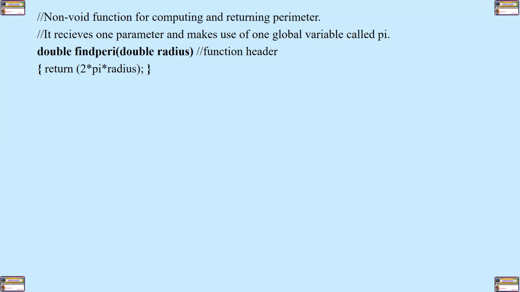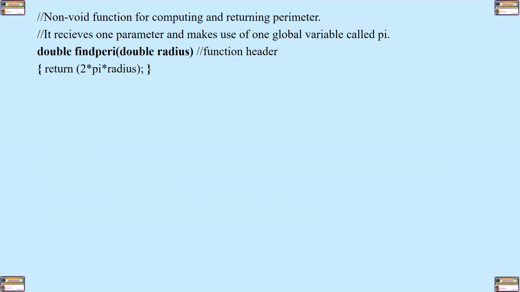Now, it's important for you, my dear students, and the rest of the learners to note that we could do this statement in another way. We would have a local variable within find peri that would store the result of the computation, for example, called perimeter.